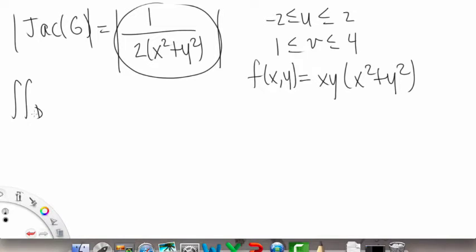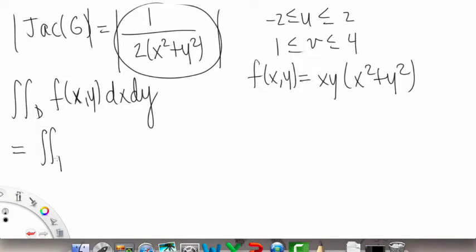Okay, so our double integral of f of x comma y dx dy is equal to the double integral over D naught, and D naught, again, depends on u and v. What we're going to be doing here, again, is what we've been focusing on, a change of variables from x and y to u and v.